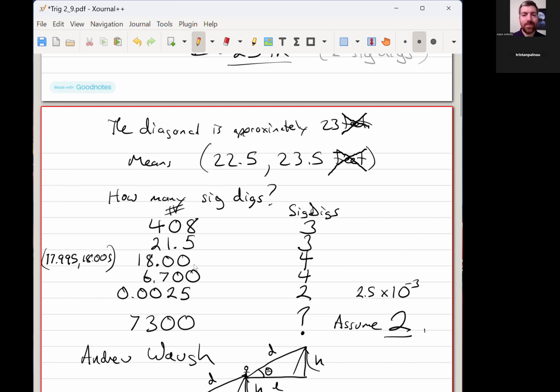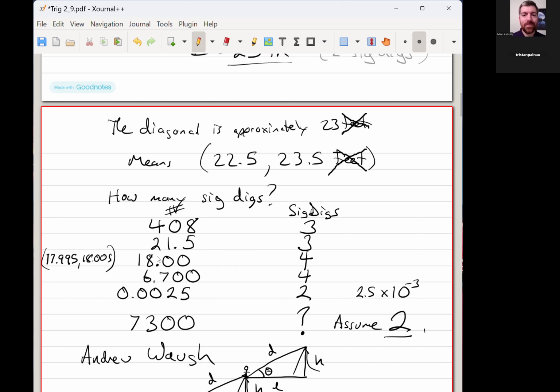18.00. Now, some students would say there's two, but those zeros that come after the decimal point would not be there unless they were significant, right? Why would you write them? I mean, what comes after that last zero there? Well, a bunch of other zeros. Why are they not written? Well, the reason is those are not significant zeros, right?